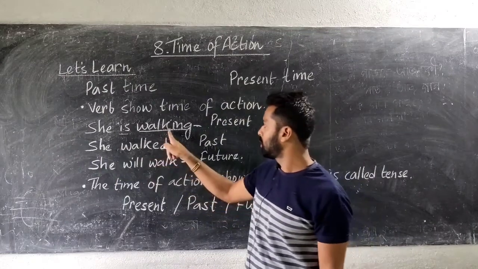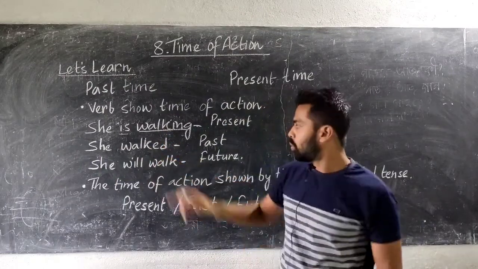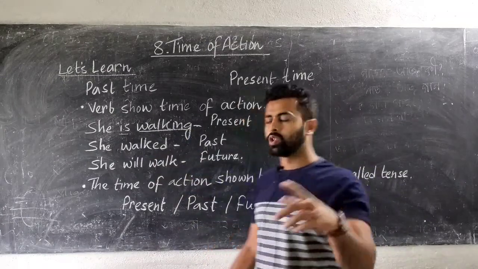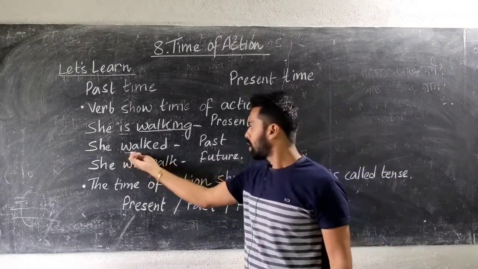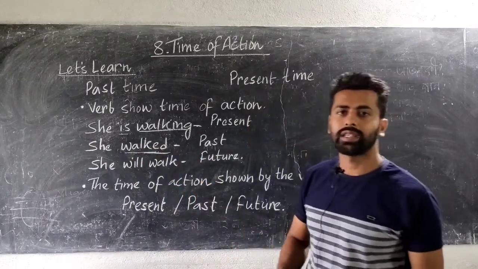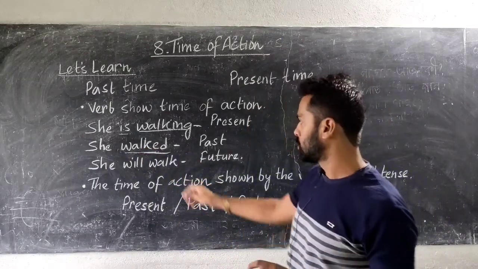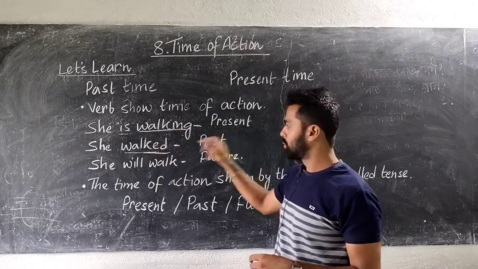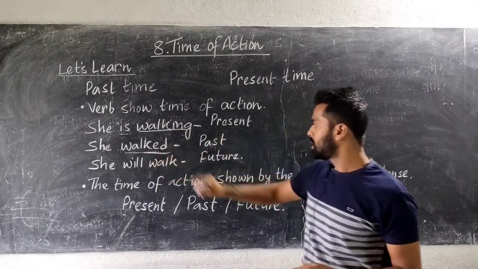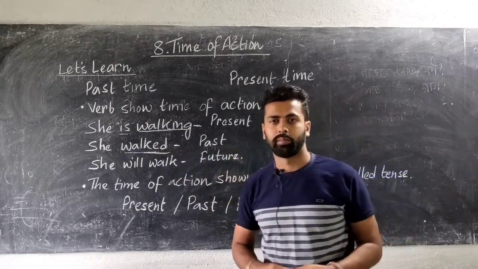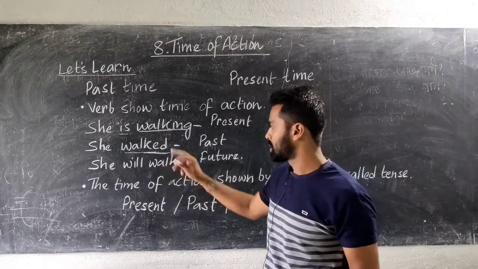Here the verb changes: walking with ing has become walked with ed. Looking at the verb you can say in which time the action is done. Here is ing, that is present time. Here we have added ed, so now this becomes a past time. The action is done in past time.